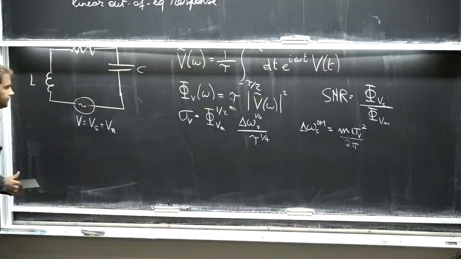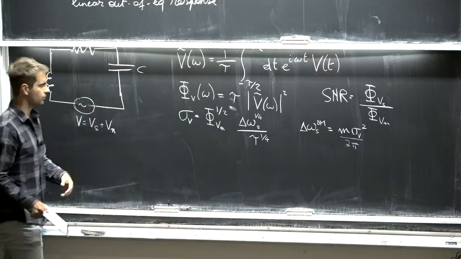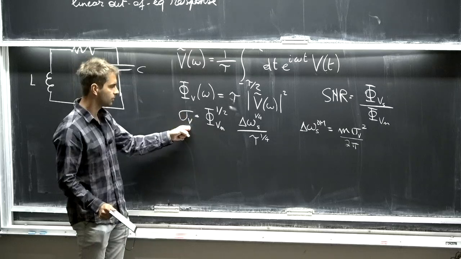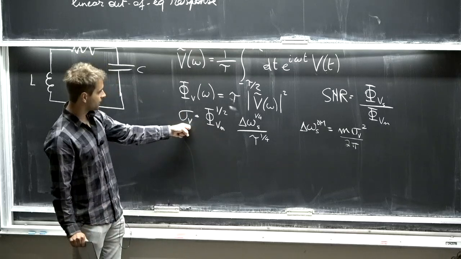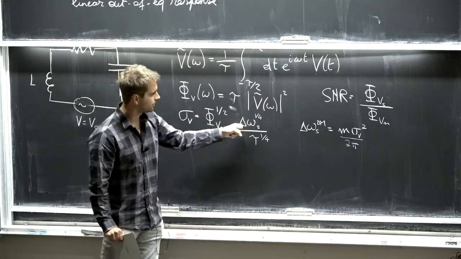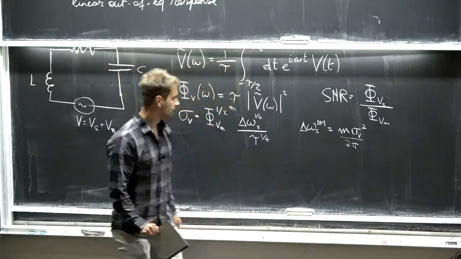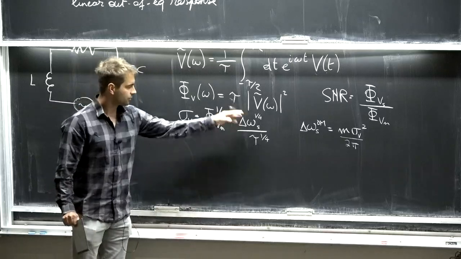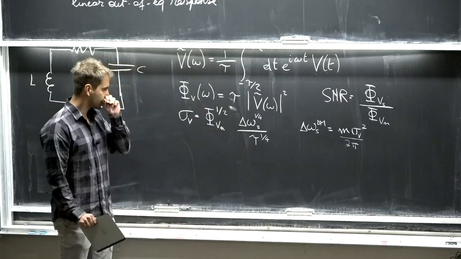Okay, so if you say I have some dark matter signal that's giving me some quasi-harmonic voltage signal V with some bandwidth delta omega given by this formula, and I integrate for some time tau, then this formula will tell me what's the smallest voltage I can detect.